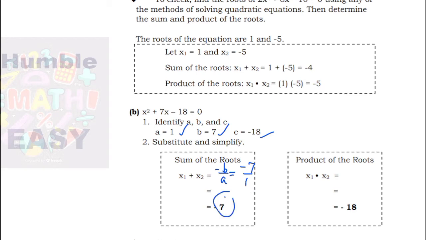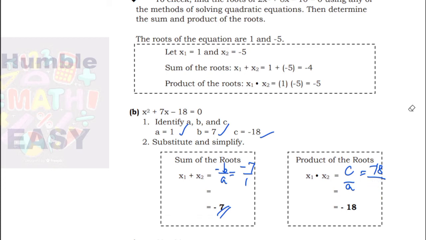Okay, that is how we cater with the answer for the problem letter B. Rather negative 7, this one here. Then if we're going to have the product, we now have here c over a, and so we have negative 18 all over 2, no, it's 1, by the way, not 2.